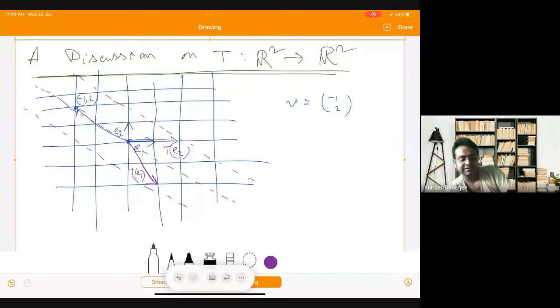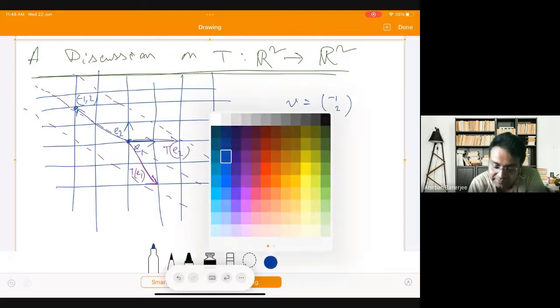So can you imagine what has happened? Some sort of rotation has happened. Not only rotation: the perpendicular vectors are not perpendicular anymore after the transformation. For example, E1 and E2 were perpendicular, but now, after the transformation, T of E1 and T of E2 are not perpendicular anymore. Let's extend the grid.